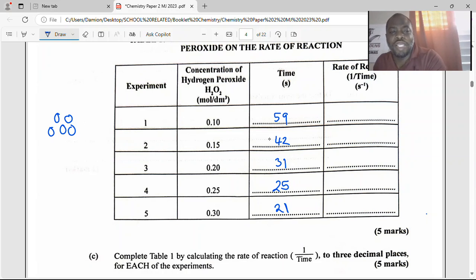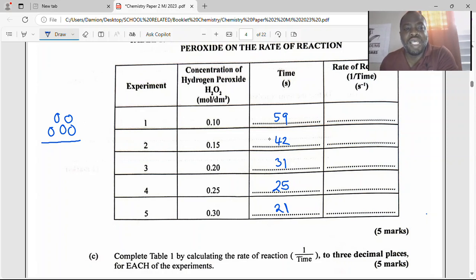So we know that how often the particles collide matters, because remember, in order for the reaction to happen, particles must collide. So if you have more particles in whatever system you're doing this reaction, then of course you're going to have more collisions happening. And so that is how concentration really allows for an increase in the rate of reaction.